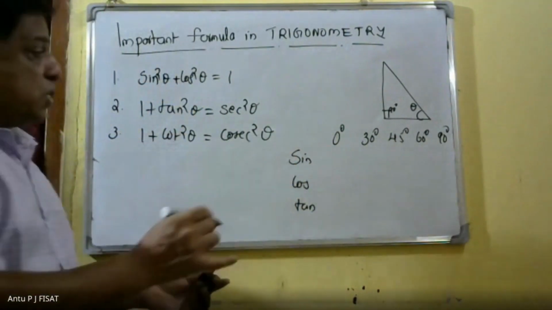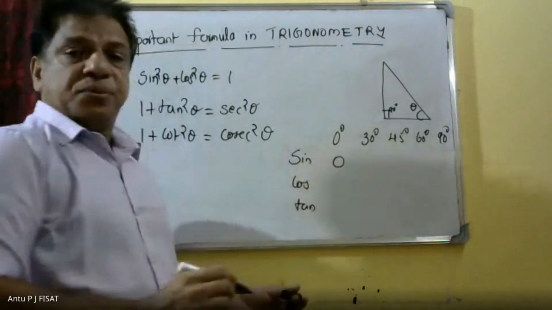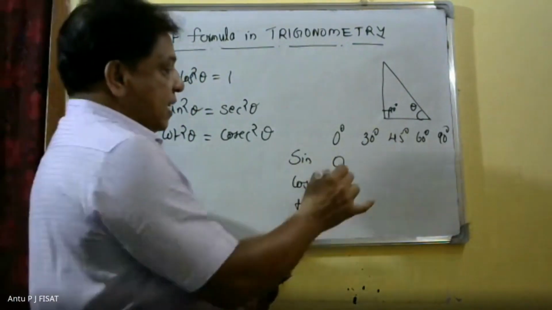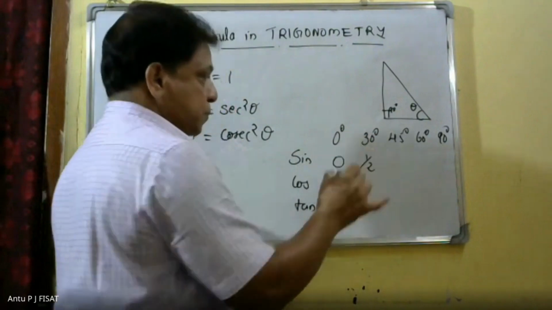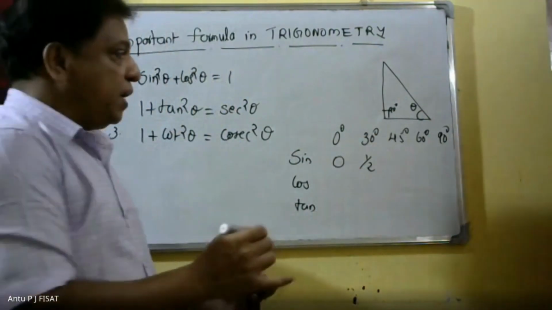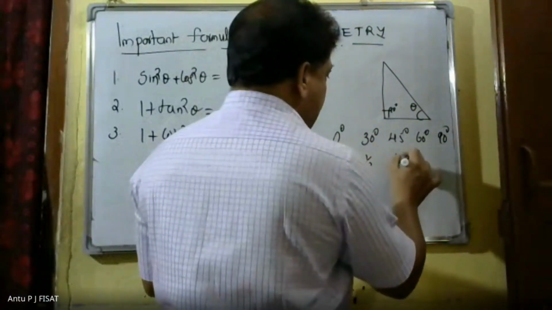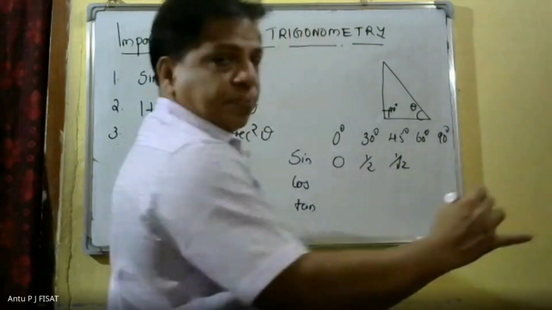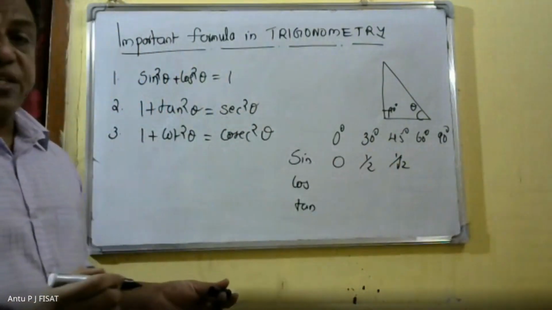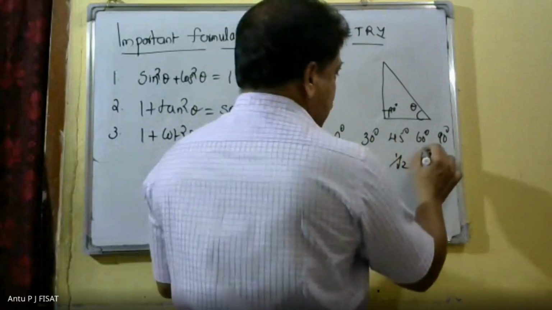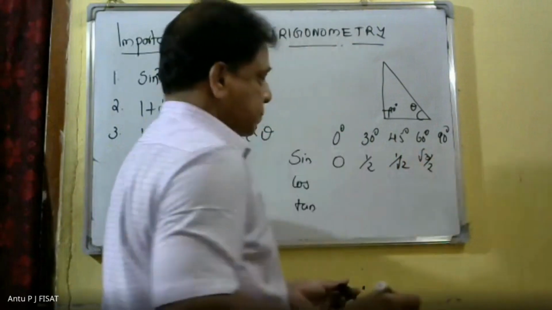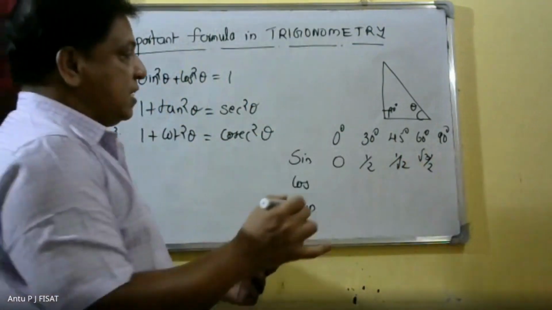Sine 0 is 0. Sine 30 degree, that is 1 by 2. Sine 45 degree, that is 1 by root 2. Sine 60 degree, that is root 3 by 2. Sine 90, that is equal to 1.